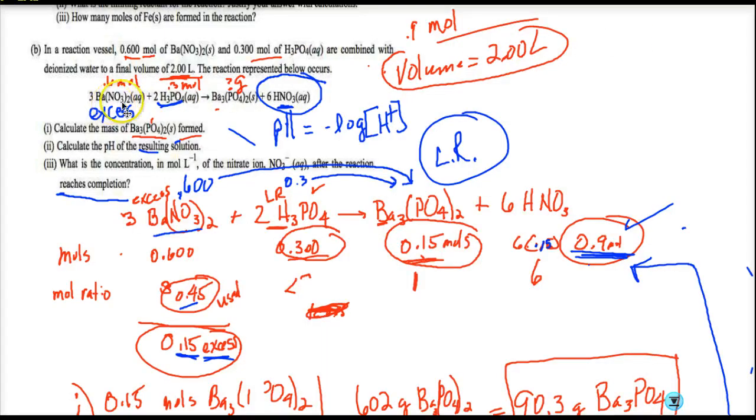So, all of this nitrate, some of it went over here. But even if it's over here, it's still floating around in the solution. And the part that didn't get put over there is still floating around in the solution. So all the nitrate is still floating around in the solution.